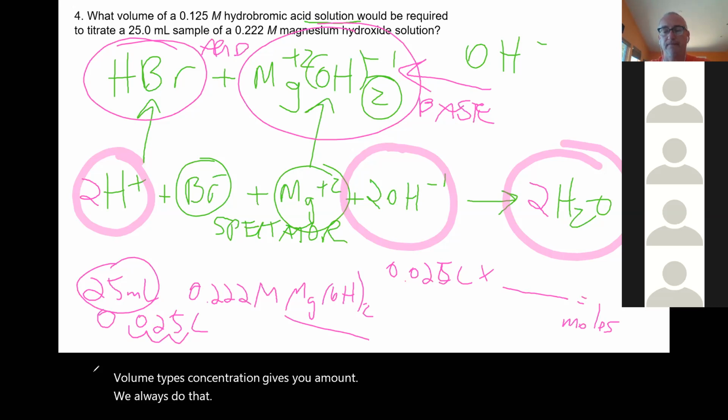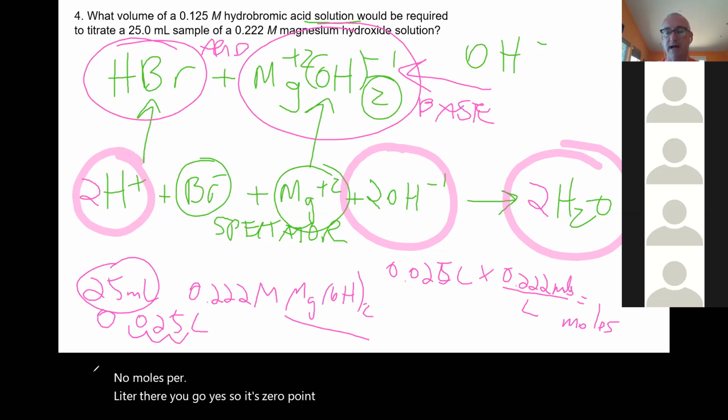What's our concentration? What's the concentration of magnesium hydroxide? 0.222. Units, I need units. Molar, or moles per liter. There you go. So it's 0.025 liters times 0.222 moles per liter.